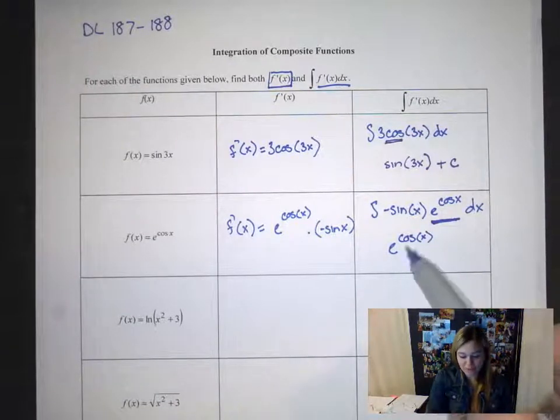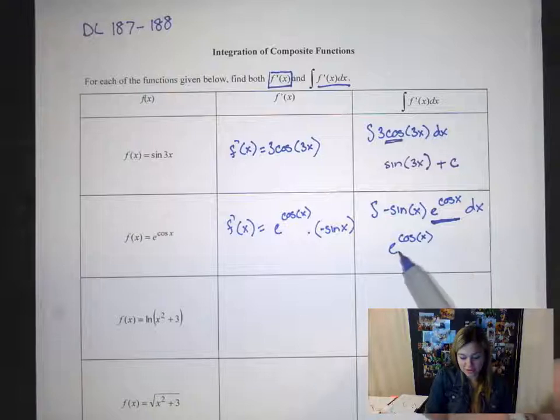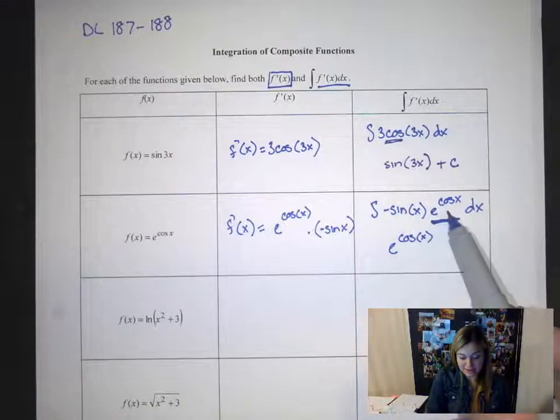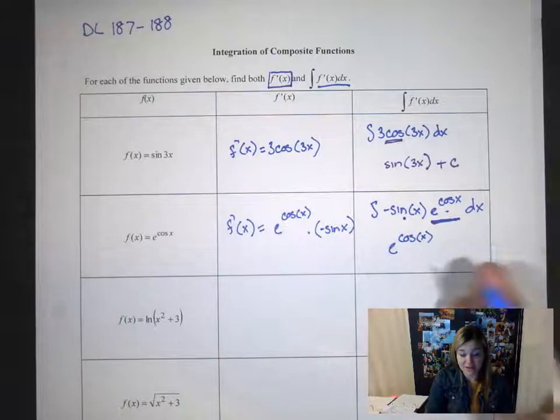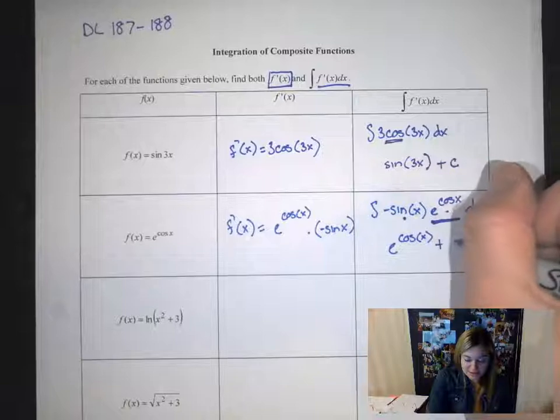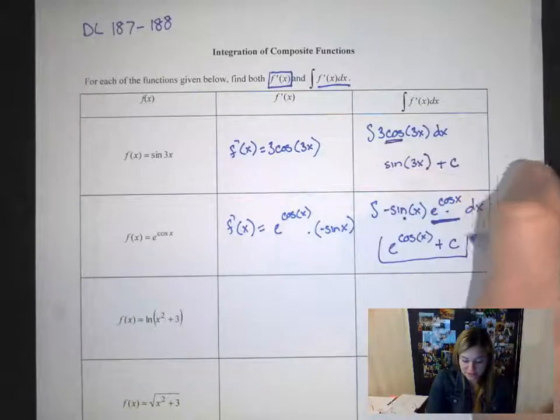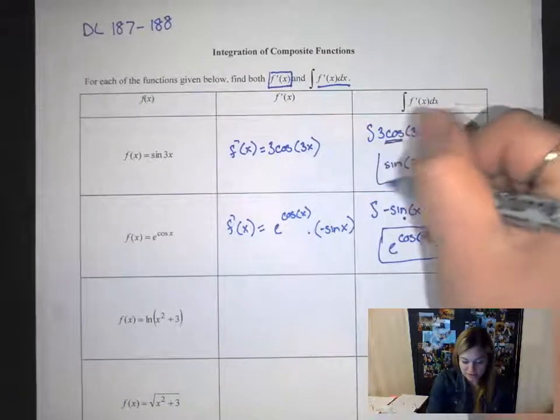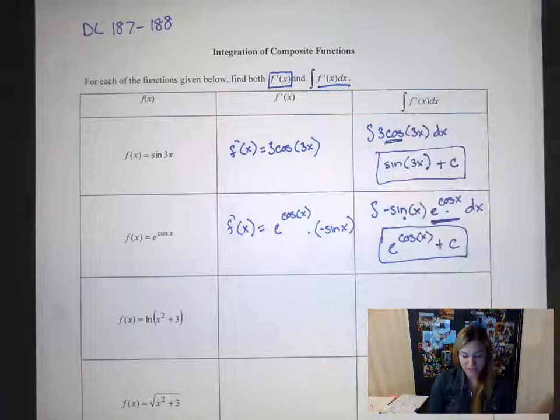Would that give me this? Well, the derivative of e to the anything is e to the anything times the derivative of the anything. So, yeah, that's it. I'm here. But don't forget plus c. So this is my original function. There we go.